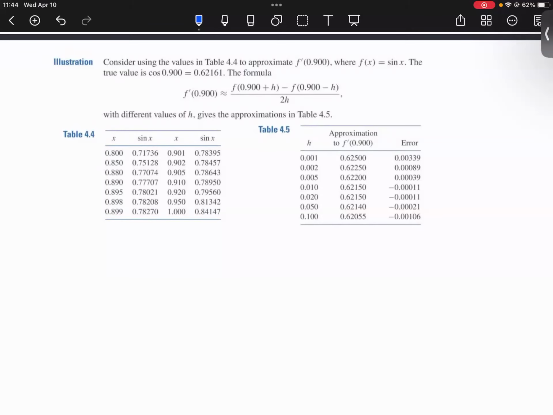Do you see the magic here? Let's say we are decreasing the h size. If we decrease the h size, okay, this is the big error. So big error, and then decreasing. Oh, it's increasing again, the error.